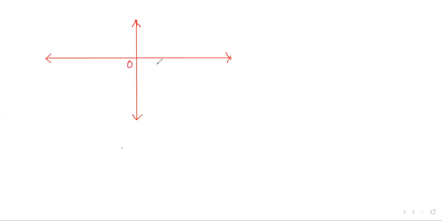This point is origin, and if this point is a unit, small a unit away from the origin along x-axis, on the x-axis, so what will be the coordinates of this point?